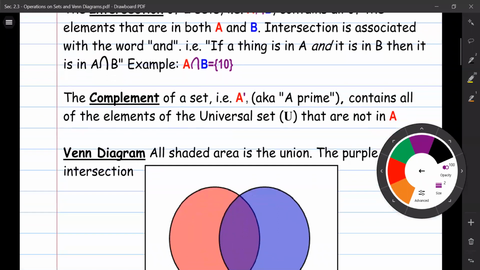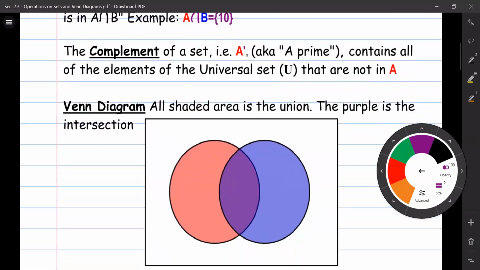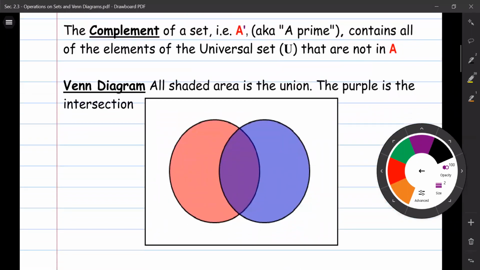And then the complement of a set is everything that's not in the set. It's denoted as A with a little apostrophe or accent mark after it.